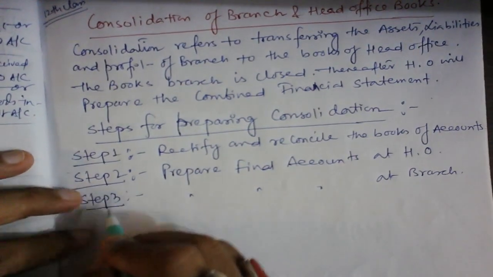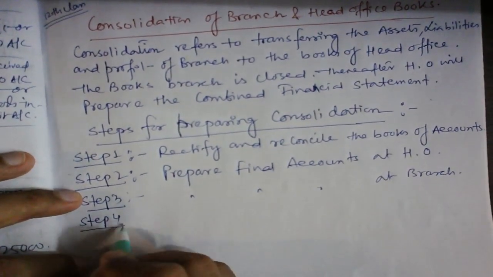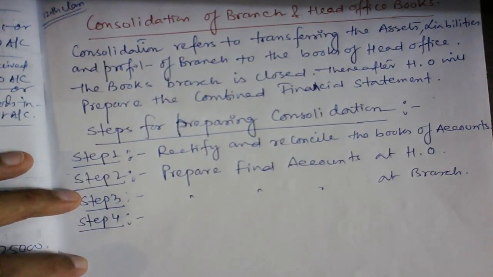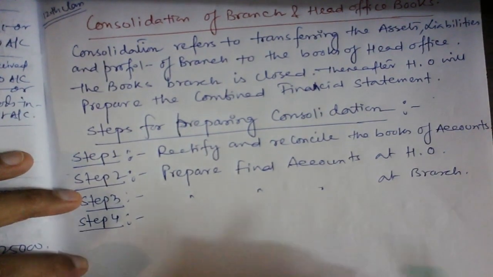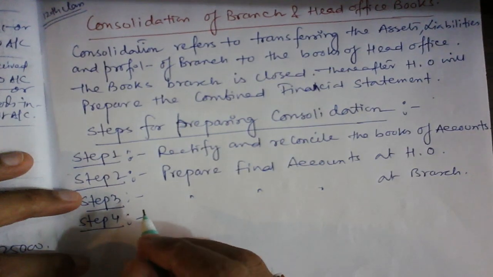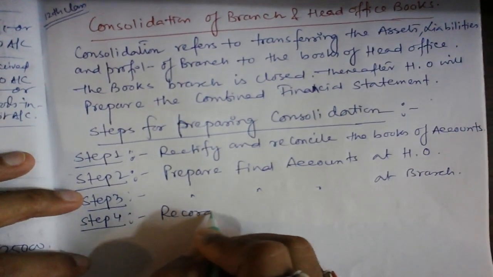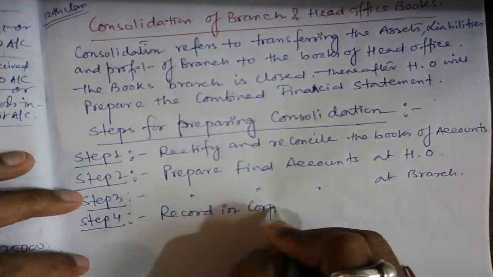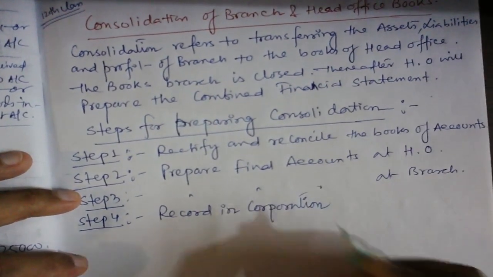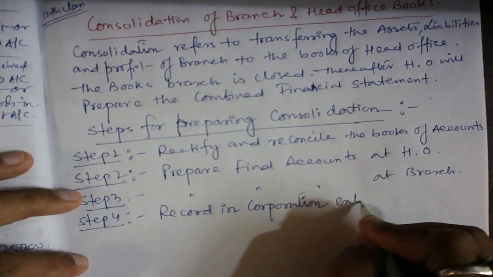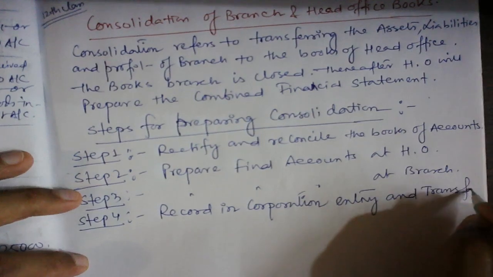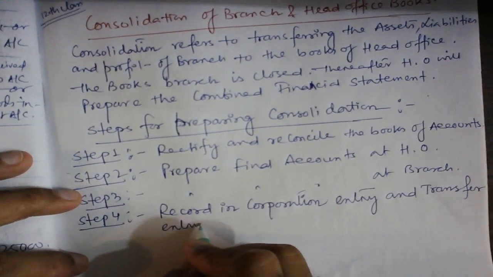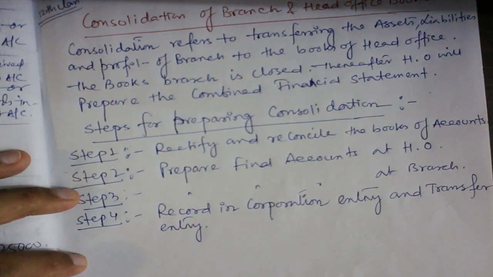Now step 4, you can write: record incorporation entry and transfer entry.